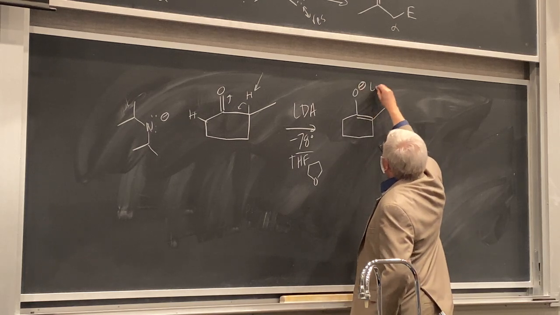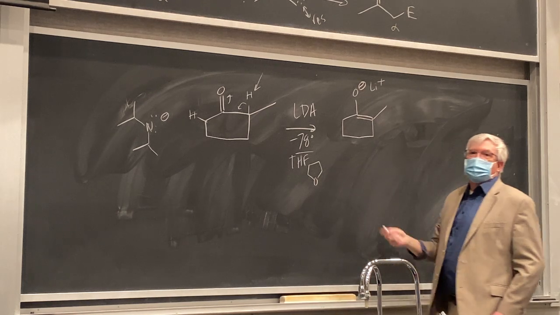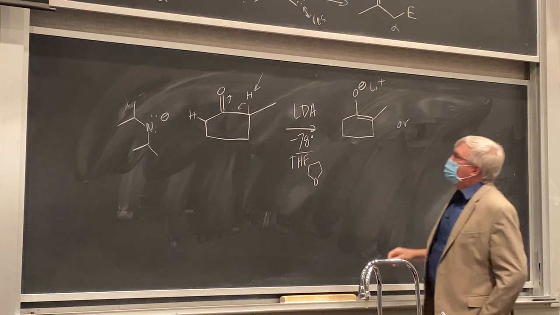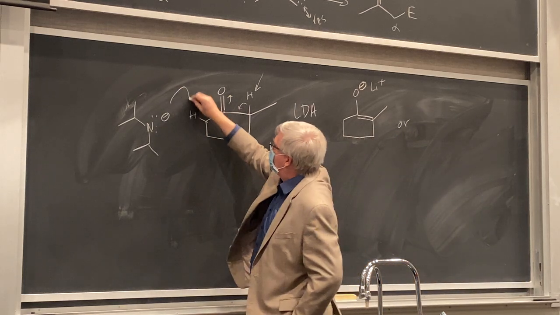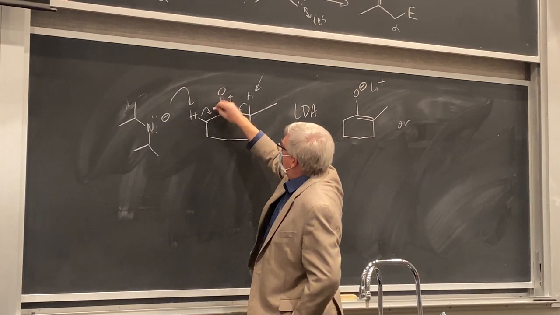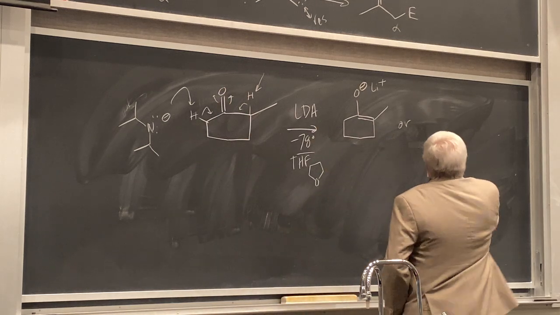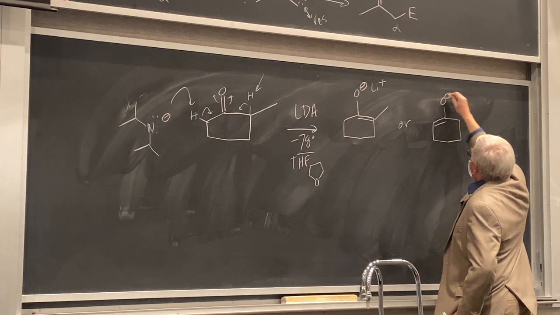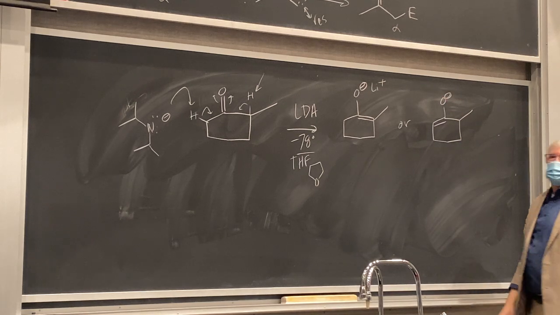And our lithium is there. And the byproduct, the diisopropyl amine, is there. Or what could we do? Deprotonate here, okay? If we do that on the other side, it's a different enolate, right? O minus right there.